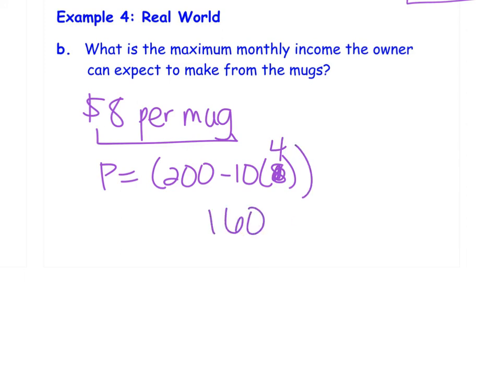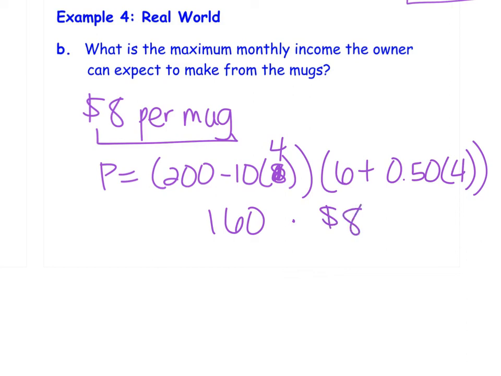So he's going to sell 160 mugs for, remember we said that it's $8 a piece, so 160 mugs at $8 a piece is a total profit of $1,280, and that's going to be your biggest profit.